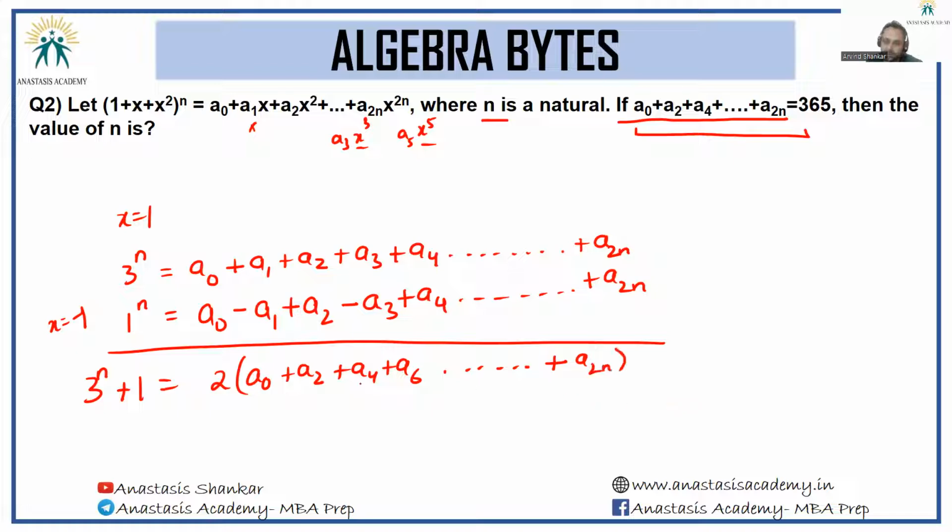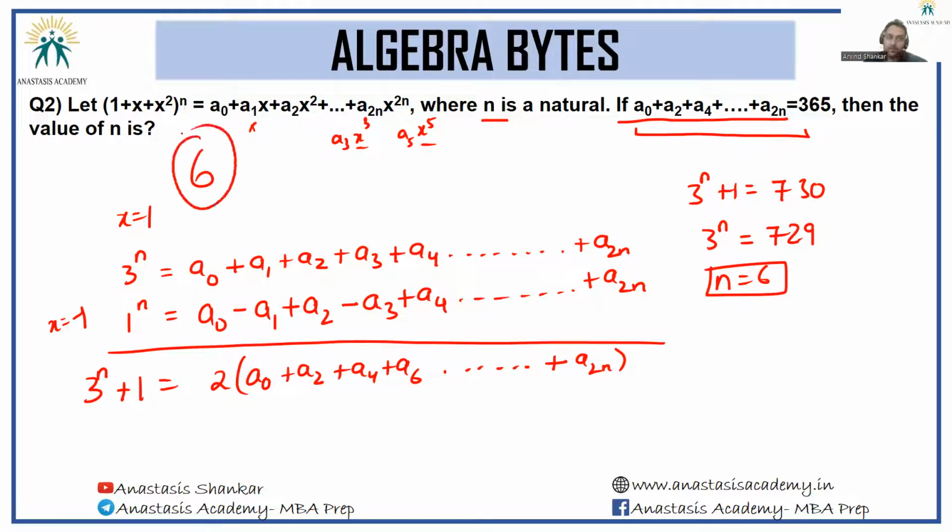Best thing in the world is the fact that we already have the value of this. So 3 raised to the power n plus 1 is equal to 730, or 3 raised to the power n is equal to 729, or n is equal to 6, which is what we needed. What is the value of n?